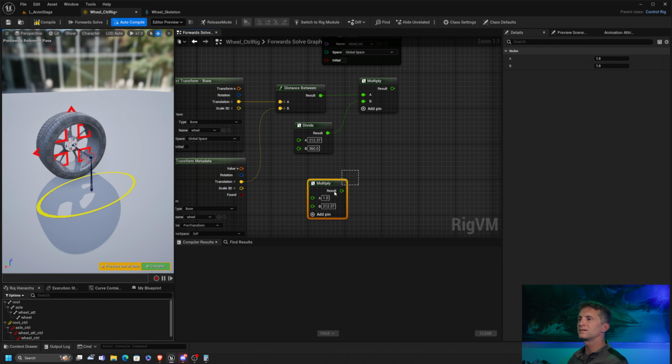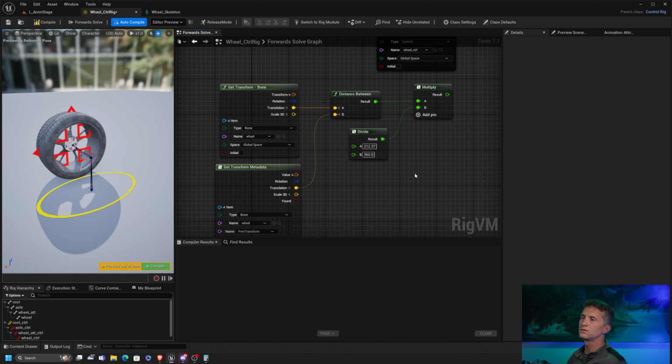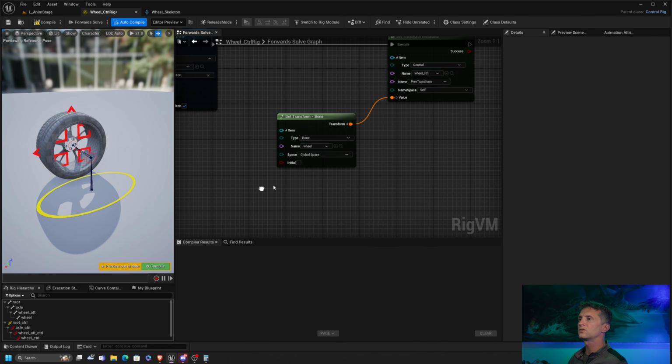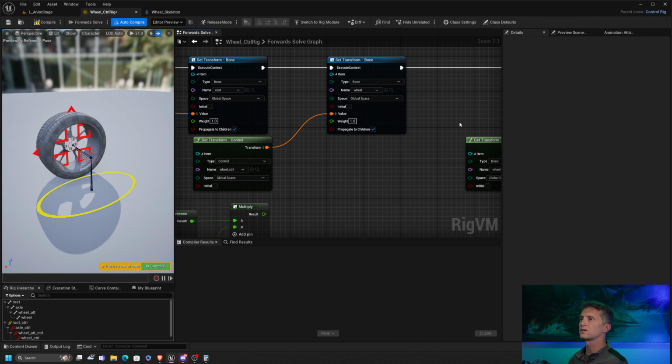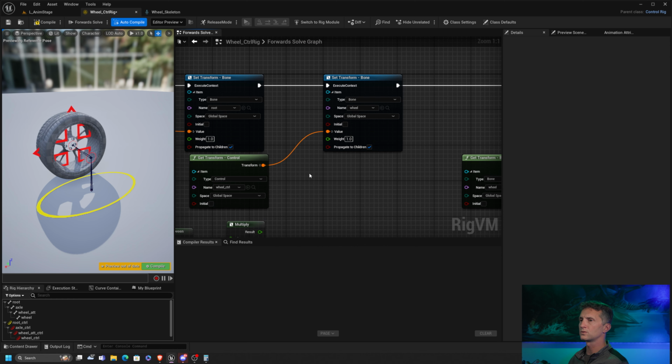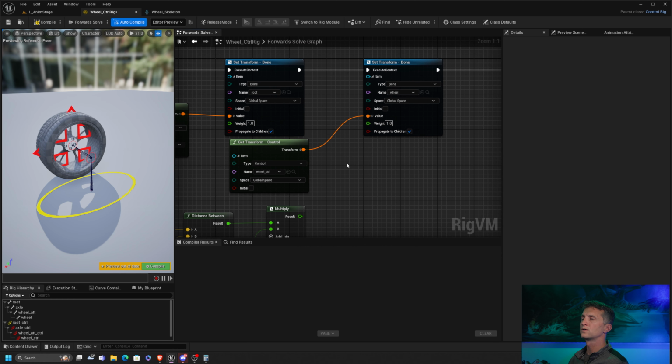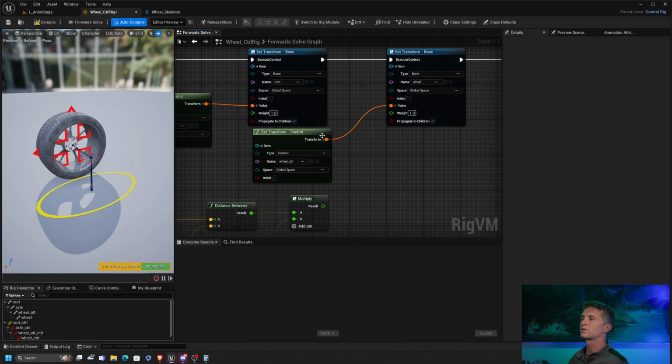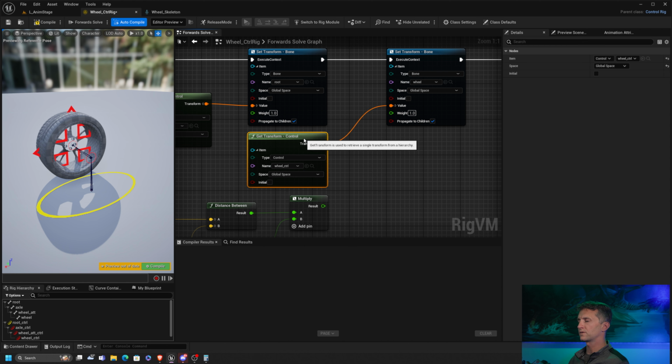And then we need to take this value and plug it into the rotation of what here? Let's see here. That's setting the metadata. That's setting the transform of the wheel control of the bone to the transform of the wheel control. I do not think we want this.